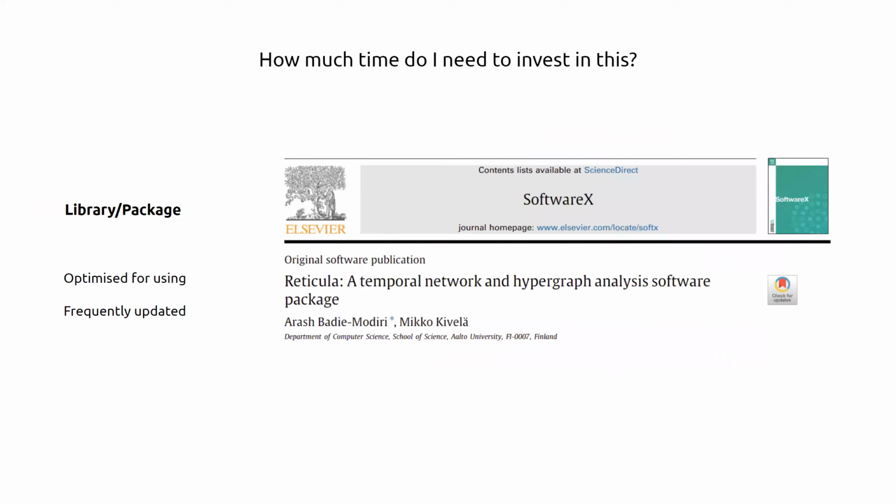The next level would be to package your software as its own library. An example would be this Reticula that I was talking about in the first part, packaged as its own library and now published as its own paper. This would need more commitment.